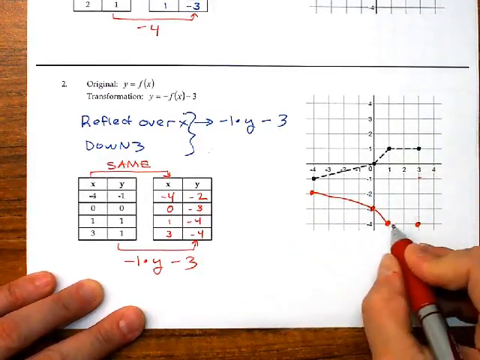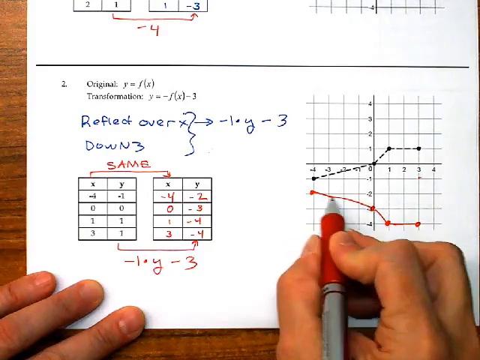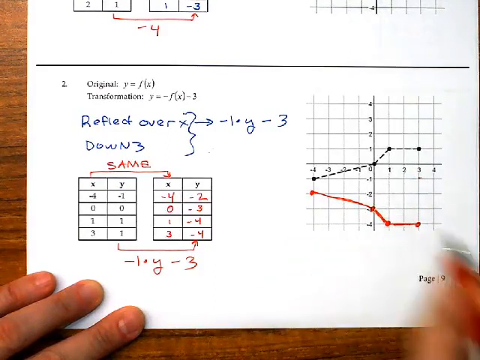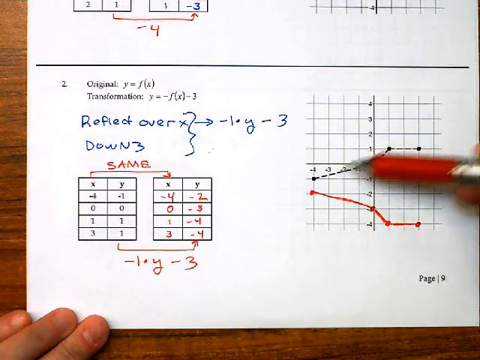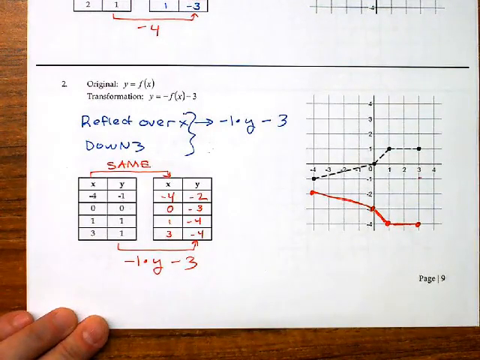I get this guy here. I don't know. Looks pretty cool to me. And we can visually confirm, yes, this really does look like I took this starting creature, flipped it over the x-axis, and then moved it down by 3.